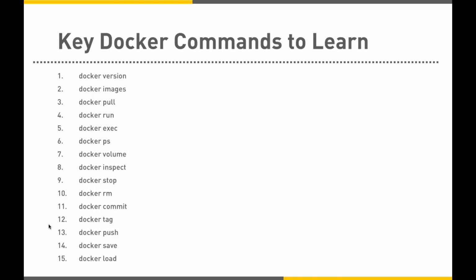I want to leave you with a set of commands. I'm not going to recap all of them, but they will be made available to you in the tutorial. And this is a quick reference. As you notice, we covered quite a few commands. Docker save and Docker load are bonus commands that I didn't cover, but you can explore. They basically help you to export and import container images.